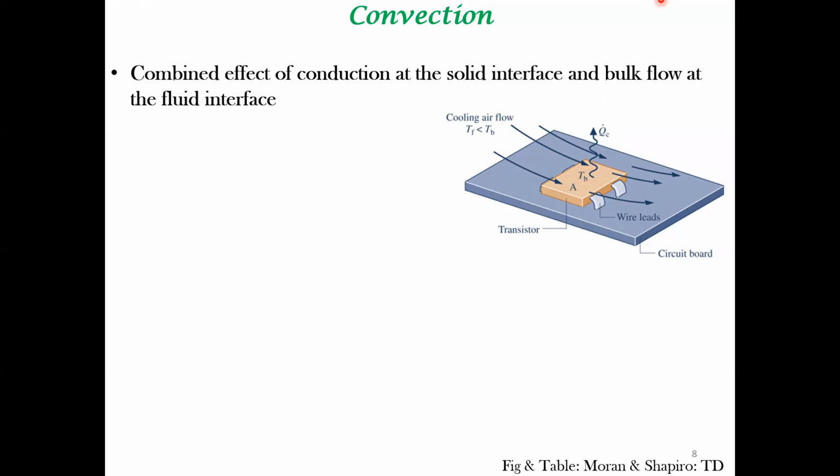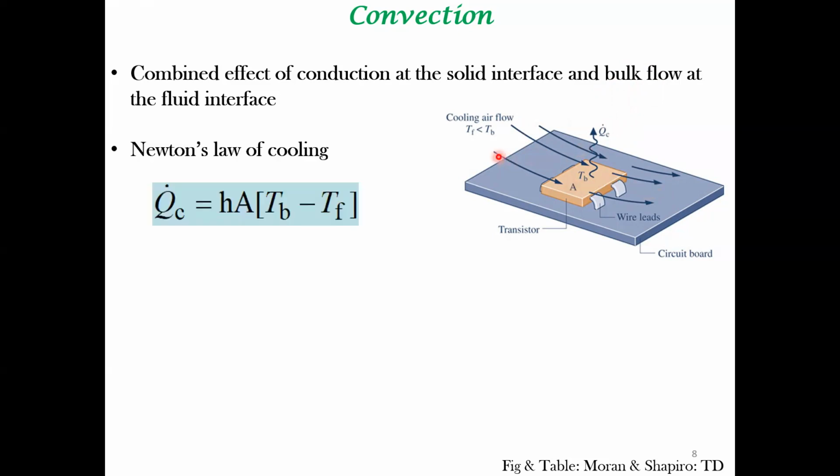It's a combined effect of conduction in the solid, because the heat till this point gets conducted, and even at this boundary. At the boundary, the velocity of the fluid is 0, so that heat transfer occurs by conduction. And then there is also a bulk flow, which contributes to convection. It's a combined effect.